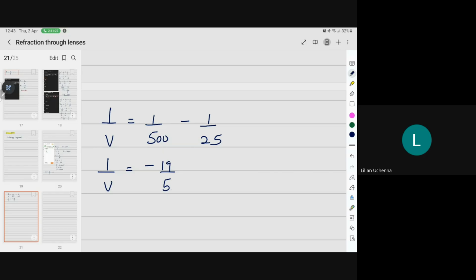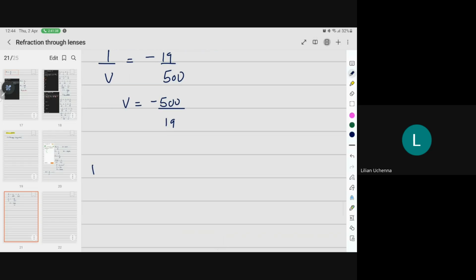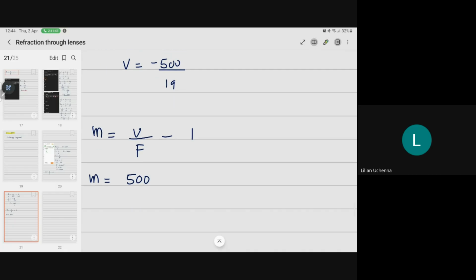So V is equal to minus 500 over 19. That is telling us it is a virtual image, isn't it? Then we have that M is equal to F over V minus 1. So that M is equal to 5 over 19, you don't have to use that negative sign. That negative sign is just telling you that it's a virtual image, okay? So it's 5 over 19 divided by 500 minus 1.